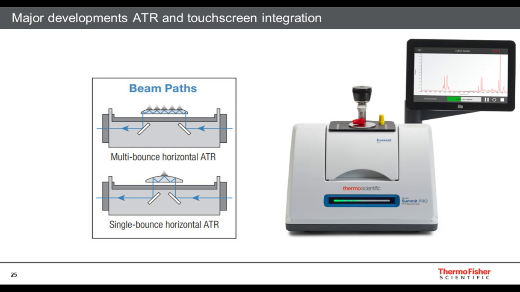So if you have a sample in contact with that crystal, and it needs to be in contact, so with all these ATRs, you'll see a little arm that comes down and presses the sample down, because the evanescent wave only extends a fraction of a wavelength into the sample. So these are surface level measurements.